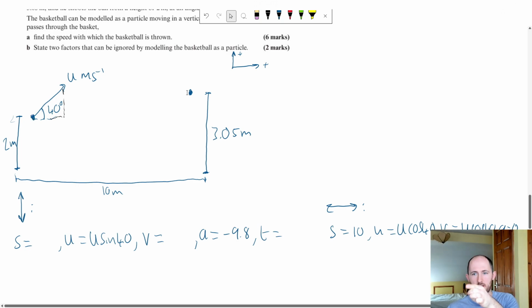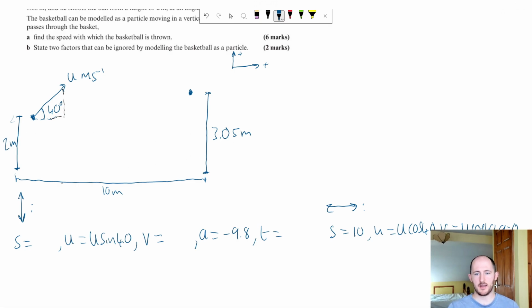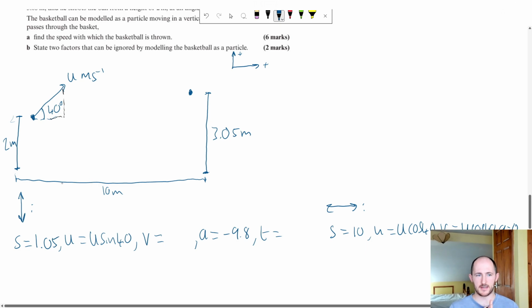Now, for it to hit the basket, it needs to go up and then down and land 3.05 meters above the ground. Now, here's the thing. Displacement is from the starting point. So it's going to go up and down by only 1.05 meters because that's the difference in those two heights. Like that. Hopefully that is relatively okay.